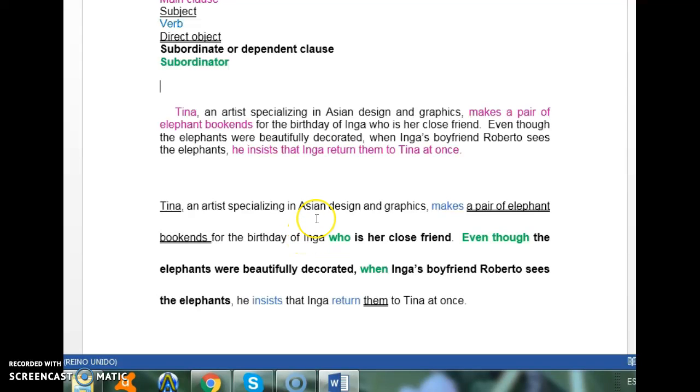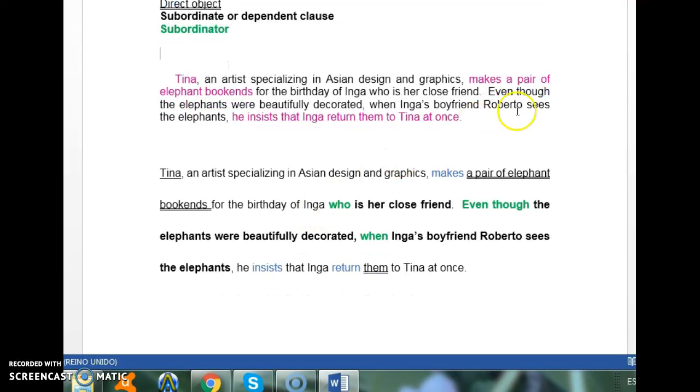Then in the next one you also have a subordinated clause, which is a subordinated adverb clause of contrast, because it starts with even though the elephants were beautifully decorated, and here the elephants is the subject of this clause, and were is the verb in this clause.